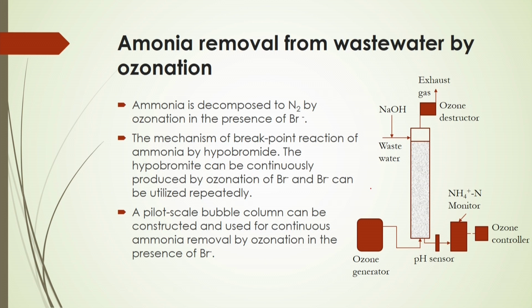From the bottom, ozone bubbles will be supplied, and in the column there will be a reaction through the bubbling, and ammonia will be decomposed into nitrogen, which will then pass out. The unreacted ozone coming out from the reactor will be destroyed by an ozone destructor, and you have to allow sodium hydroxide there to control the pH.